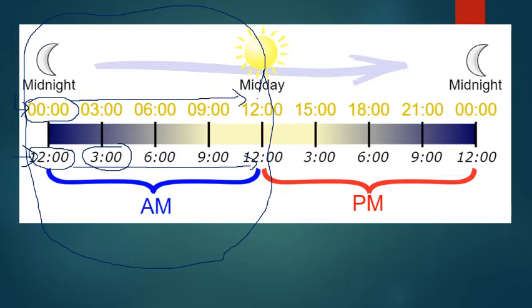The only difference is the 0 at the beginning as a placeholder. Okay, so if it is 3 o'clock in the morning, it's written like this. If it is 9 o'clock in the morning, it is written like this. Okay, so writing the time in AM isn't too difficult.